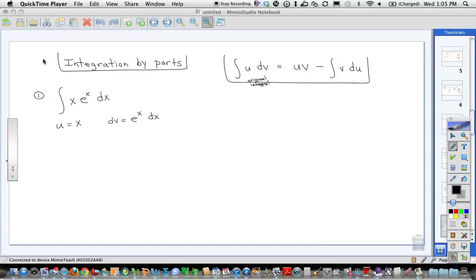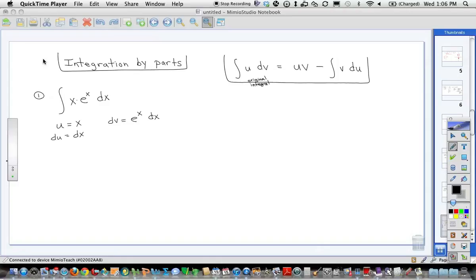Everything has to be accounted for, just like in regular u substitution. We have to take everything that's in the original, and it has to show up here. Now, what do we do with the u? We do du, which means derivative. What's the derivative of x? 1 dx, which we usually just write dx.